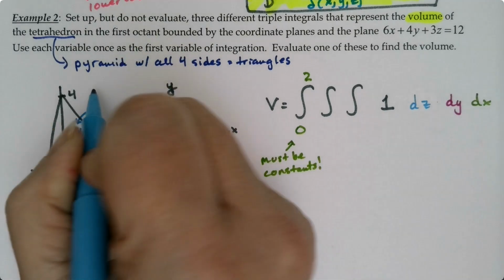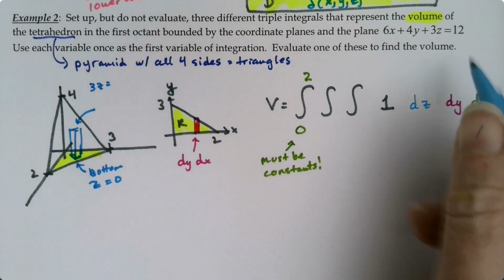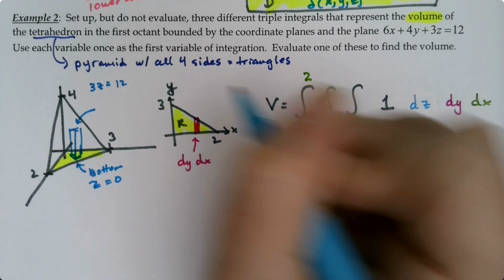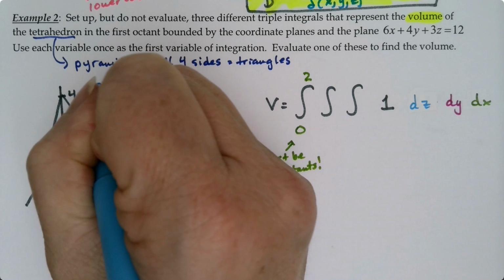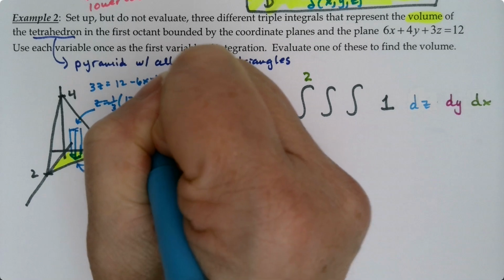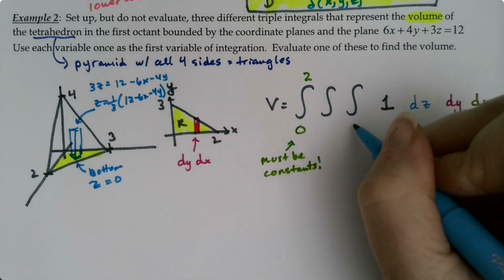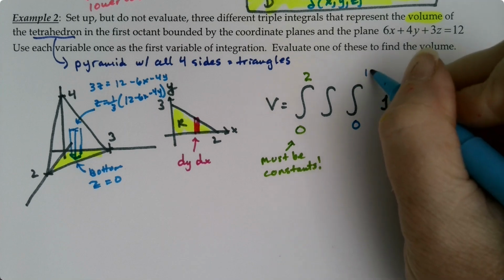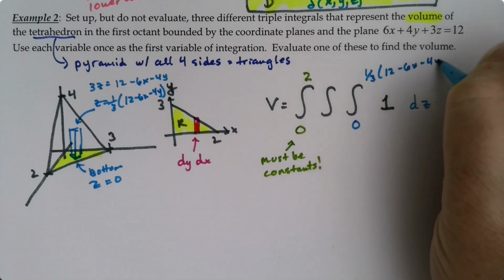So let's think. I bring everything over except the 3z. So 3z equals 12, take away 6x, take away 4y, and then z would be 1/3 times all of that. All right, so that's my z. So I'm going from 0 to 1/3 times 12, take away 6x, take away 4y.